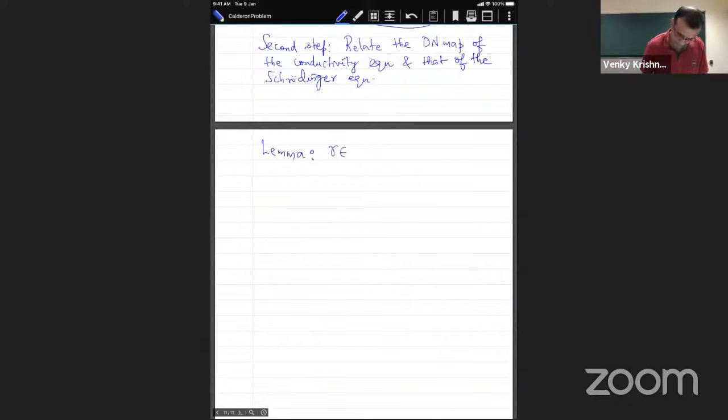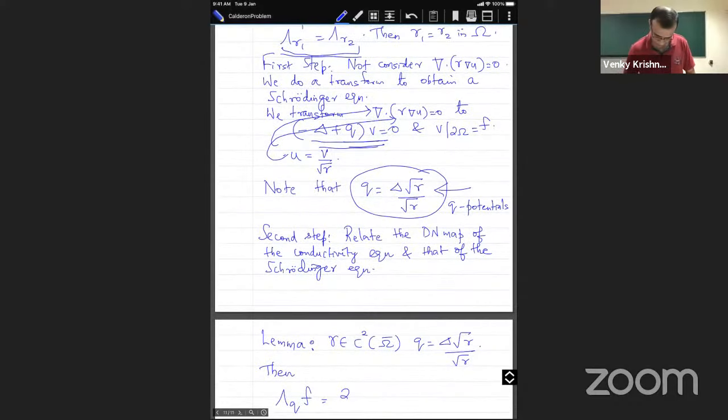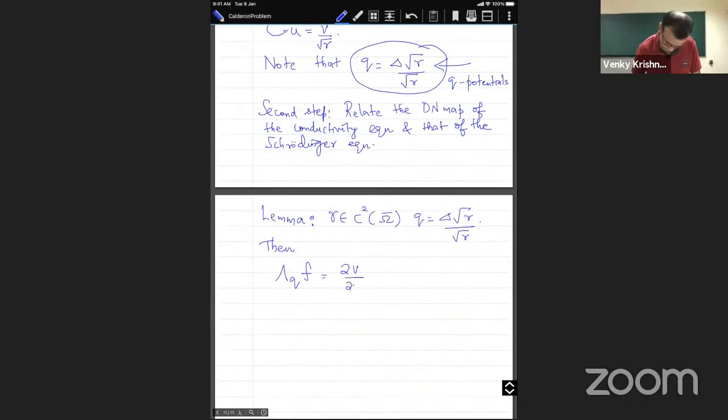Lemma. Gamma, let's say, belongs to C2 of omega closure, and Q is Laplace root gamma by root gamma. Then lambda QF, where lambda QF is, in my notation, dV d nu. But you see that I do not have this information.